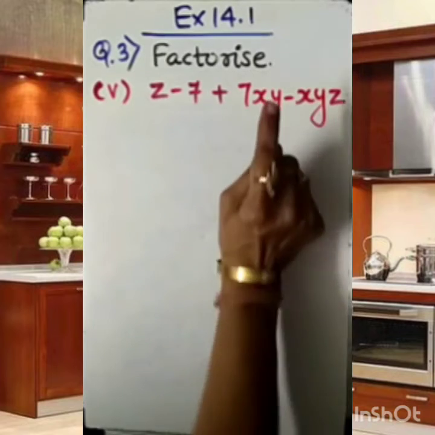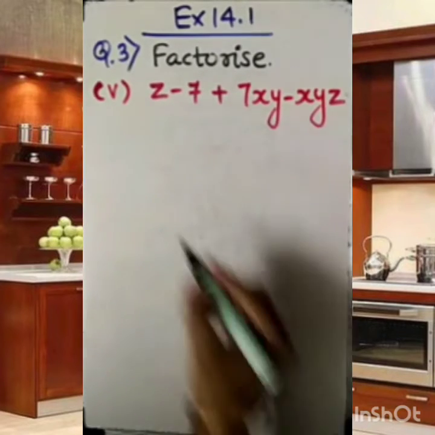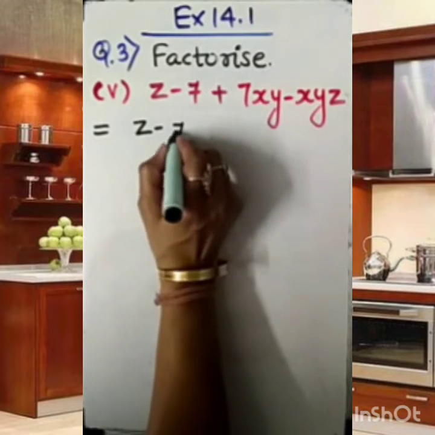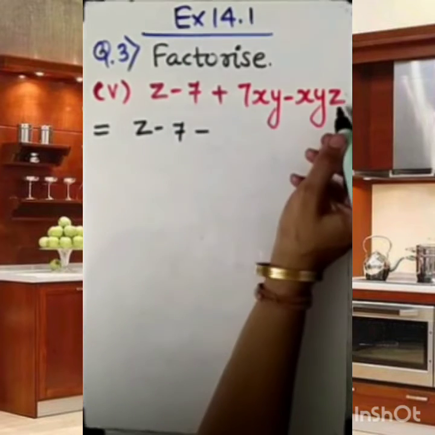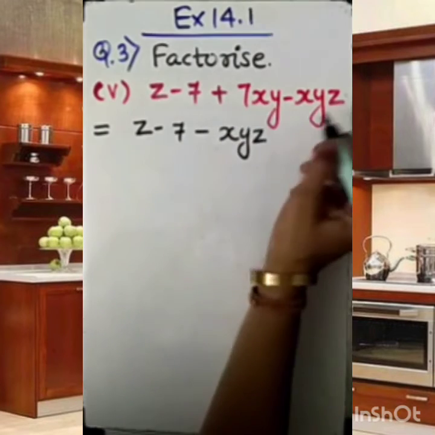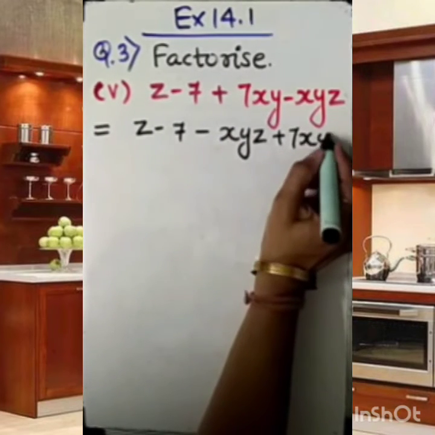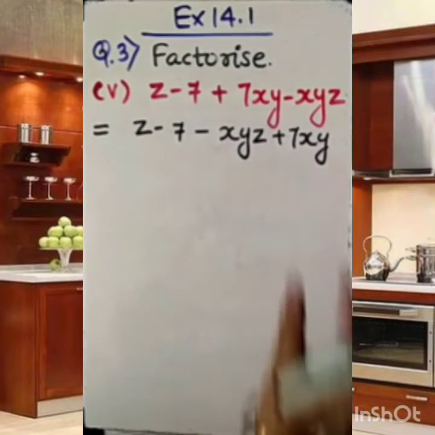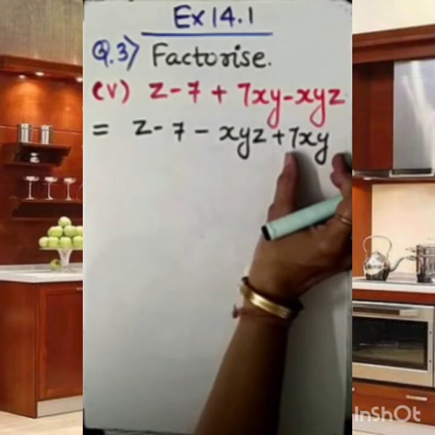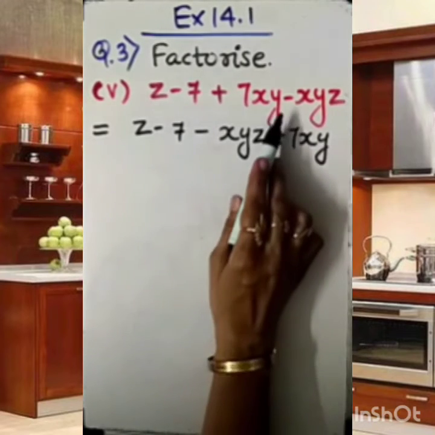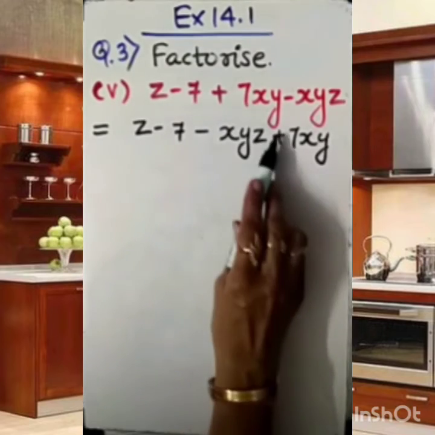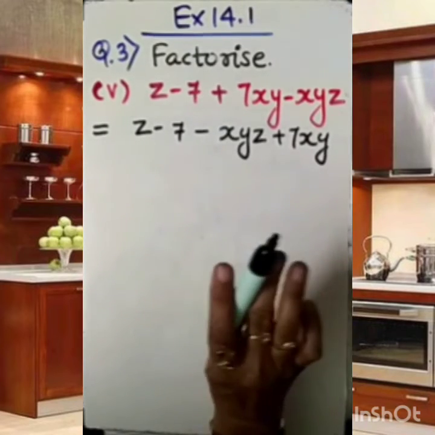So we need to arrange them. As I told you, there are 2-3 patterns of arranging. I am shifting this xyz here first, and this 7xy I am shifting to the last. I consider this the third term and this the fourth term. You can see I didn't touch the sign, because whatever the sign, it remains the same. Don't change the sign.